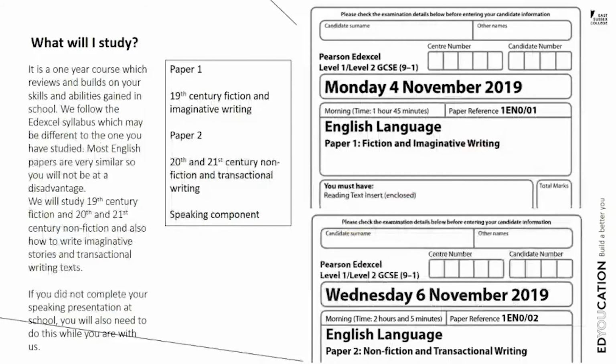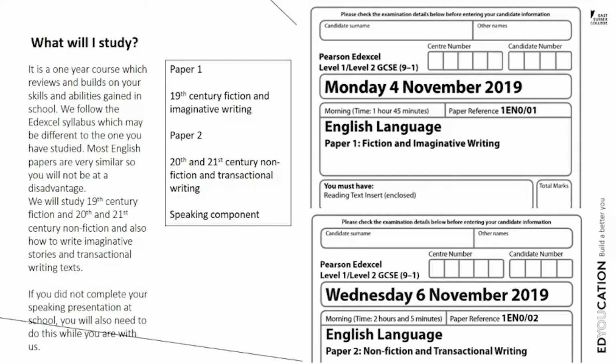What will you study? Well, the course is for 1 year and it reviews and builds on the skills and abilities that you've already gained at school. We follow the Edexcel syllabus, but this will not disadvantage you. You may have been doing AQA or another course, but they all use the same skills.